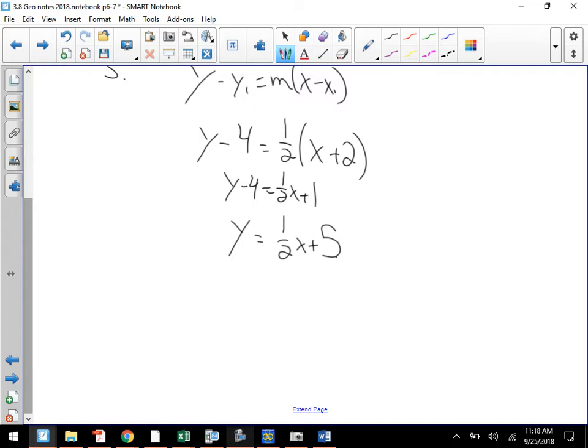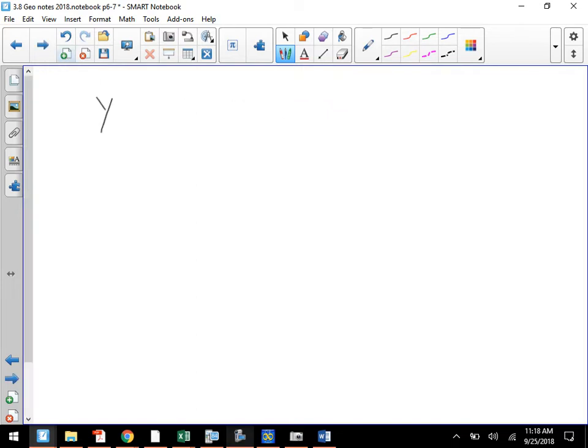Perpendiculars, so if you had 1/2 x minus 5, and you wanted to be perpendicular through an ordered pair, they gave you 4 and 0. Again, the only difference is you have to do perpendicular slopes now.